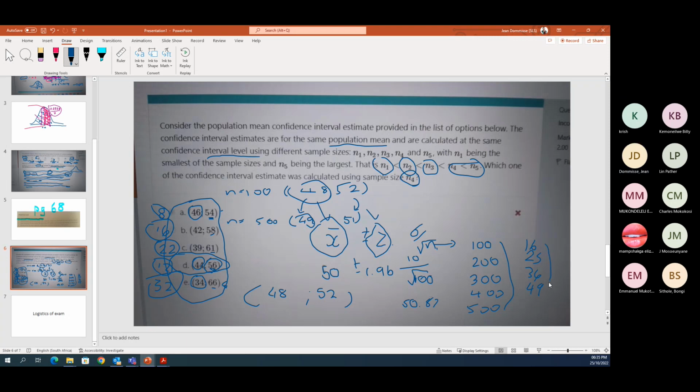Then you can still see that your N is increasing and you can still use that and just make it simple for yourself. But this one, I think this is quite a difficult one, because they don't use numbers.